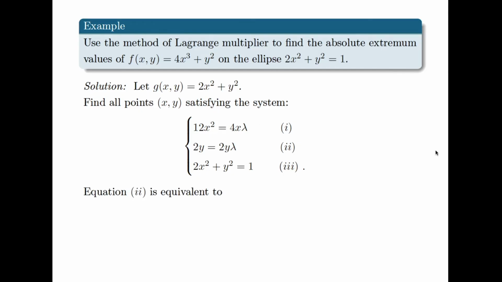Looking at equation 2, we see that 2y minus 2y lambda is equal to 0. Therefore, we can factor out 2y, and hence we have 2y times (1 minus lambda) equals 0. This gives us the solution y is equal to 0, or 1 minus lambda equals 0, or lambda equals 1.